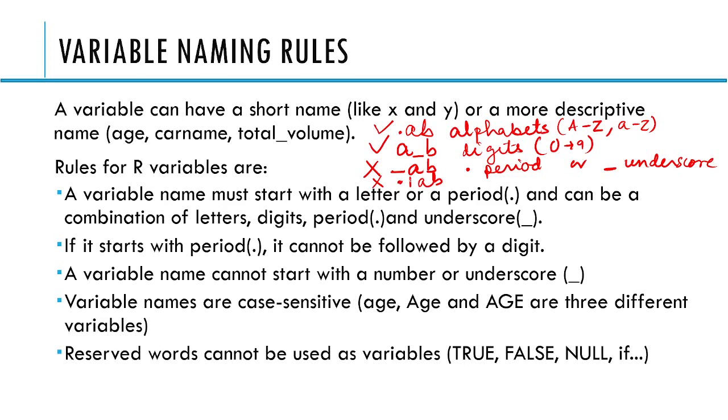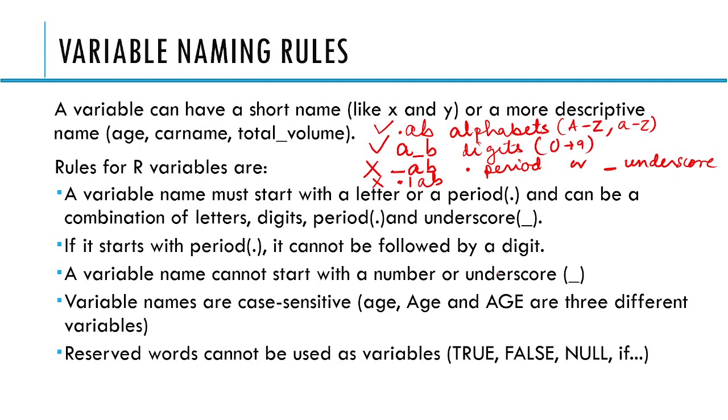You cannot have a number after that. So if you are starting with a period, it should be followed by an alphabet. So these are the rules. A variable name must start with a letter or a period and can be a combination of letters, digits, periods and underscores. If it starts with a period, it cannot be followed by a digit. A variable name cannot start with a number or underscore.